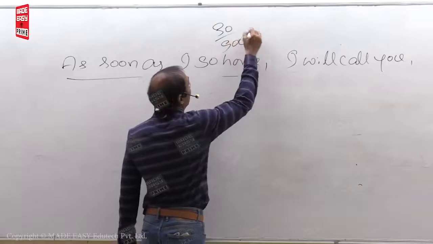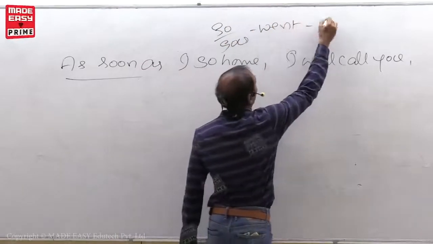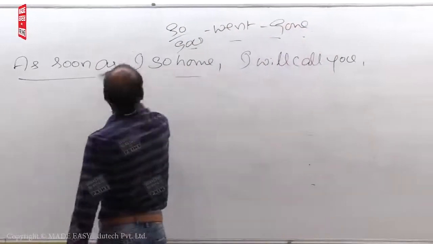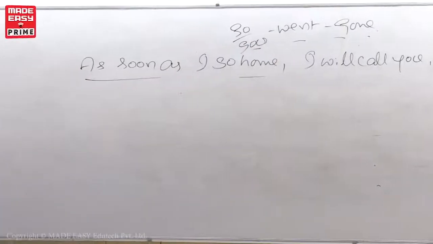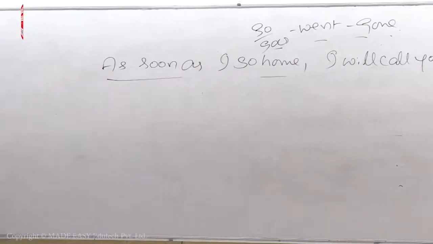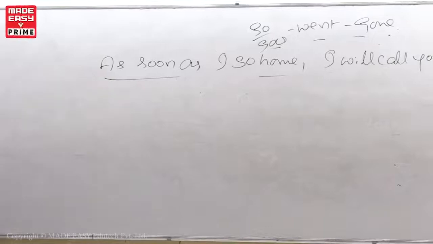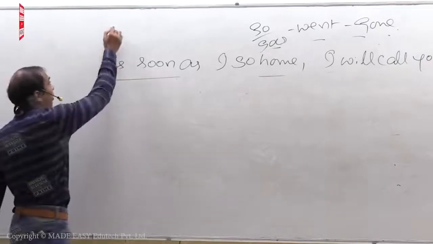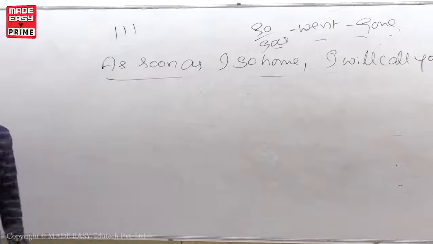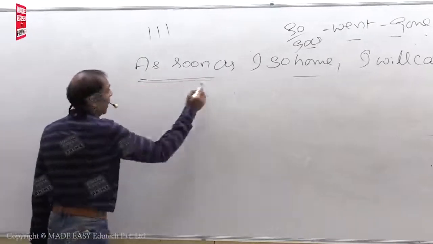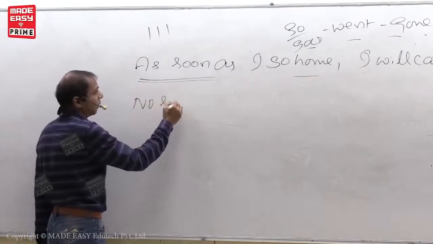Go, goes, went, gone. Take the strokes like this first. One, two, three. Right? First, in the place of as soon as, write no sooner.